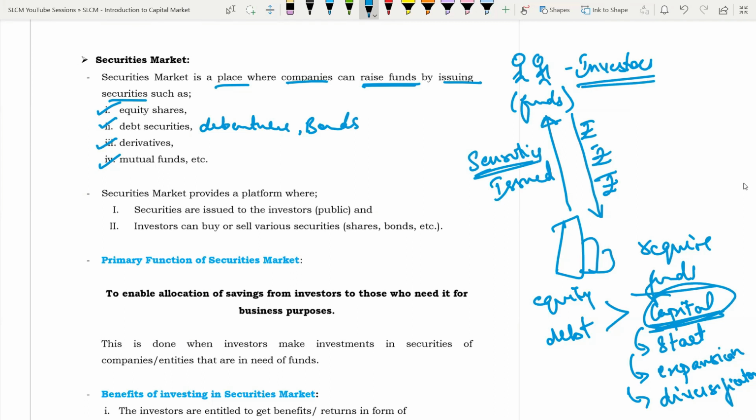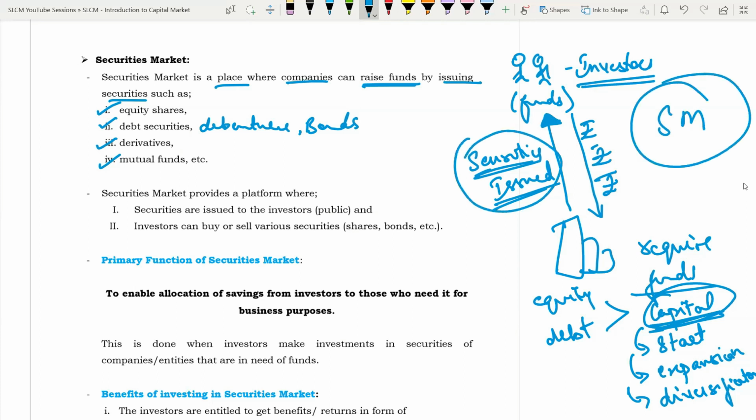Depending upon whatever is the mode of capital that has been raised, depending on that, security is going to be issued and money is going to be collected from the investors. So this transaction, wherever this particular transaction takes place, where there is a transfer of fund between the company and the investor, that market is called as the securities market. Why? Because the securities are issued.